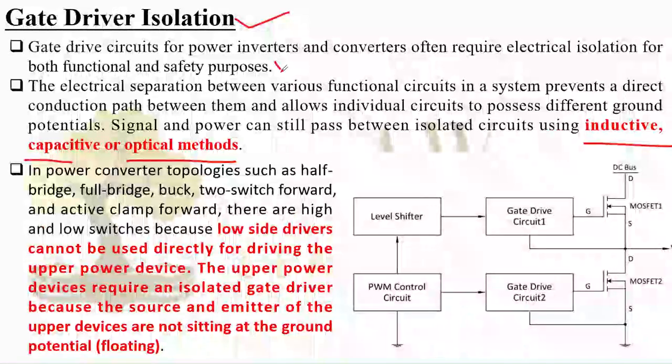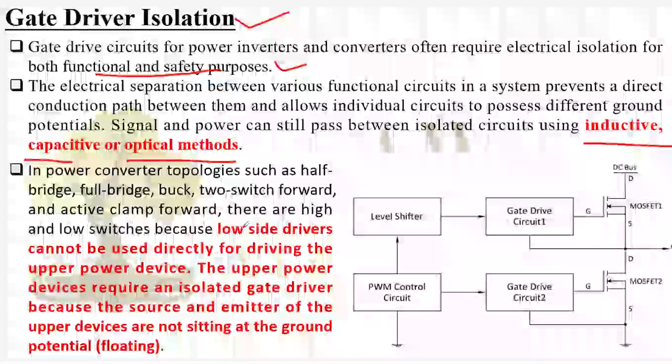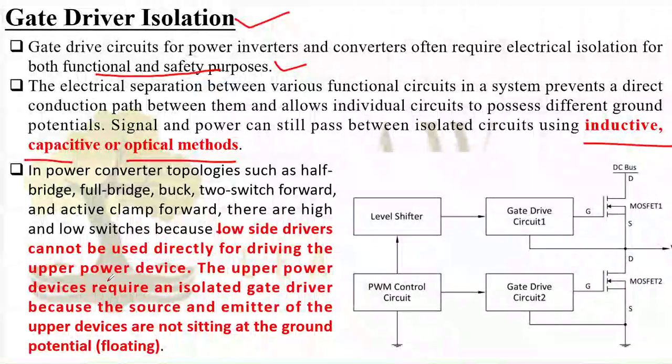So why is isolation very important? Because isolation is provided for functional as well as safety purposes. The same thing is written down here, that the low side driver cannot be used directly for driving the upper power devices. The upper power devices require an isolated gate driver, because the source and emitter of the upper side devices are not sitting at the ground potential, that is, they are floating.